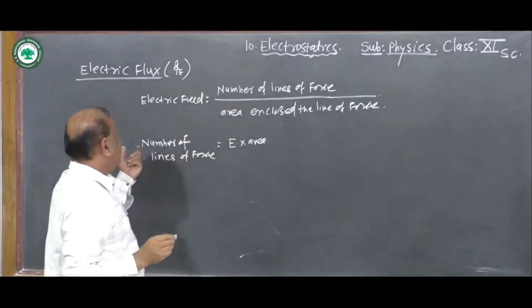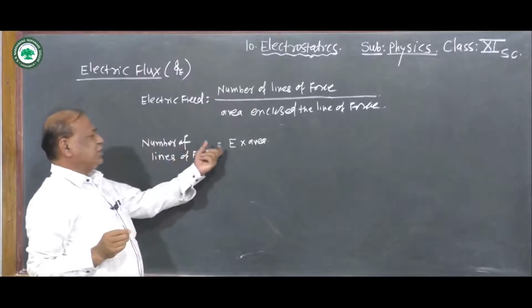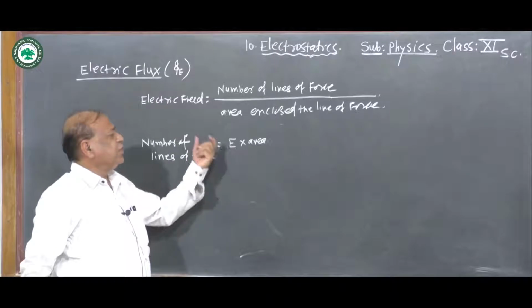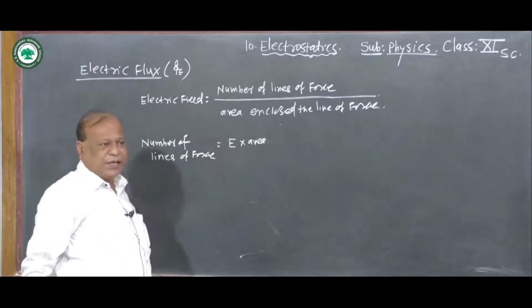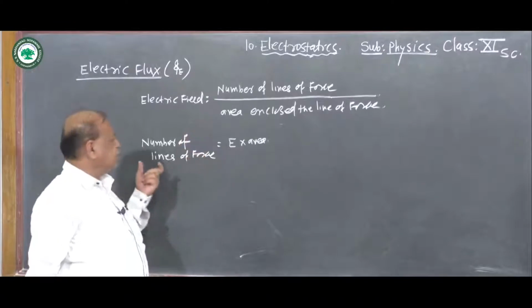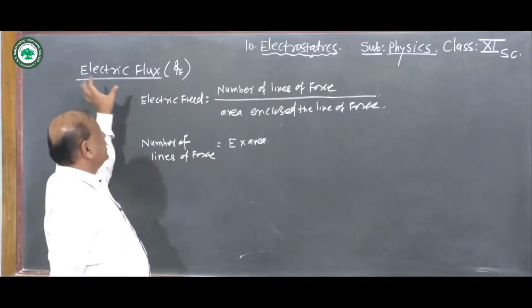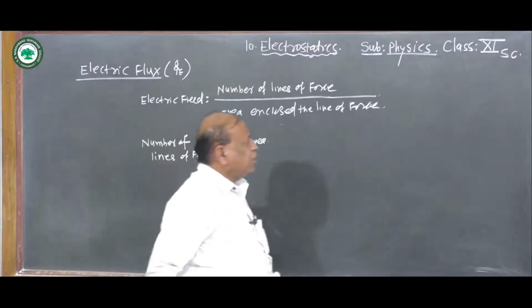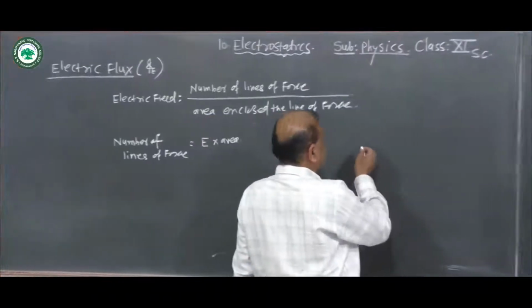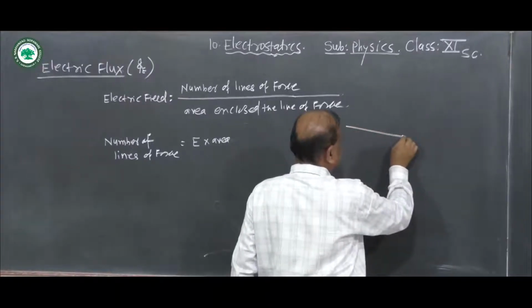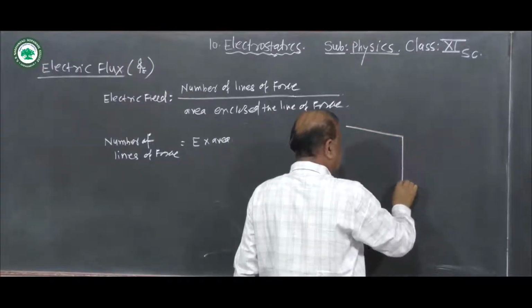The number of lines of force is equal to the electric field times the area enclosed by the lines of force, and that gives the electric flux. To understand what is meant by electric flux, consider a small surface area.